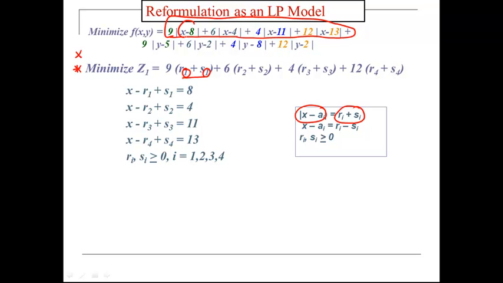So this will correspond to this portion of the equation. X minus 4 will correspond to the second facility. X minus 1 will correspond to the third facility, and x minus 13 will correspond to the fourth facility.